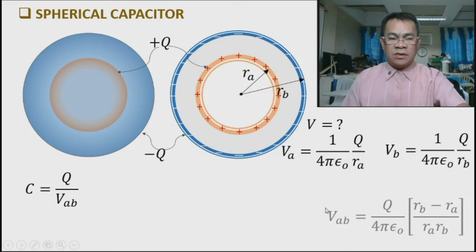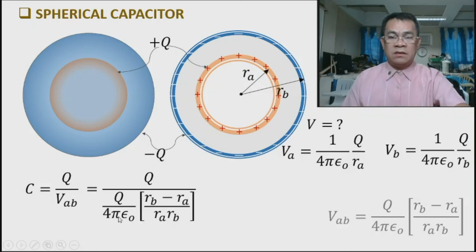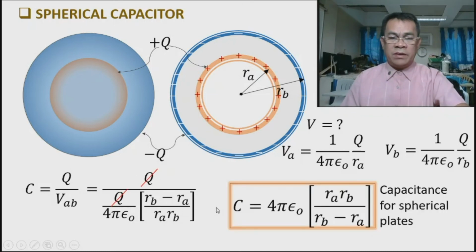We are now ready to solve for the capacitance because we have this Q and this potential difference here. Take note that we can cancel Q, and transforming this gives us 4 pi permittivity times RA times RB divided by RB minus RA.